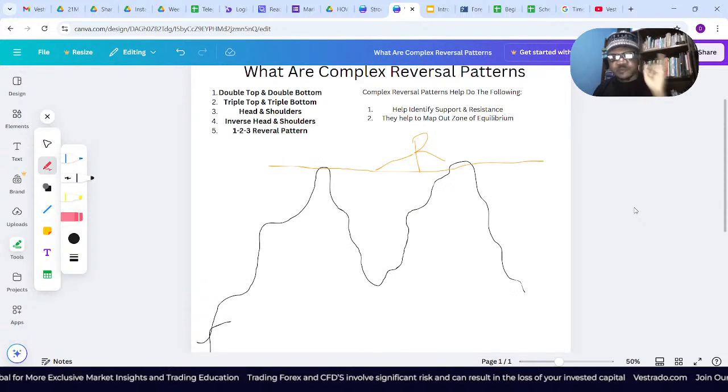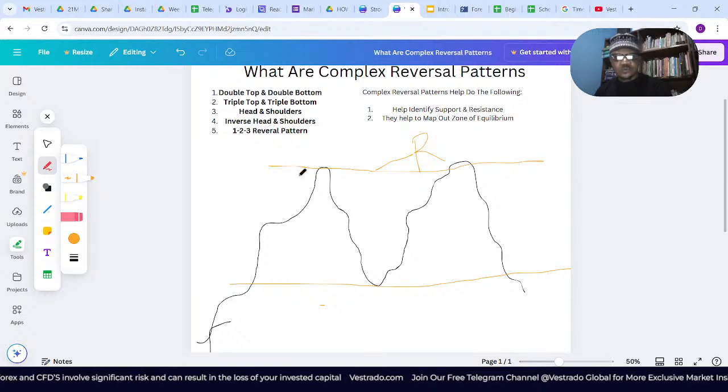Now, what is it telling us? First, we've identified a zone of resistance. Next, let's look out for the zone of equilibrium. Where is the zone of equilibrium? Right here. So between the high and the valley of the double top pattern, we have the zone of equilibrium.